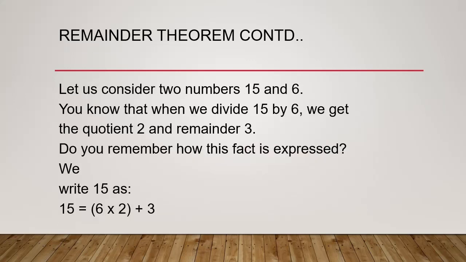Now in this slide, let us consider we have two numbers, say 15 and 6. You know that when we divide 15 by 6, we get the quotient as 2 and remainder as 3. Do you remember how this fact is expressed? We can also write 15 equals 6 into 2 plus 3, isn't it?